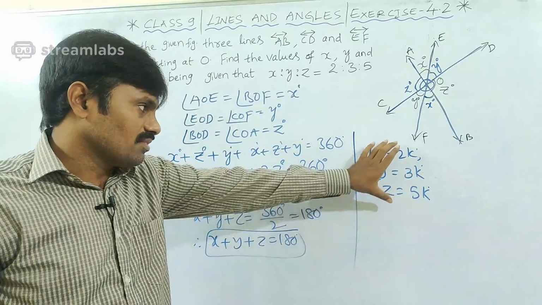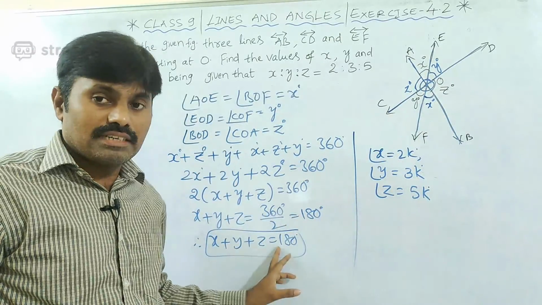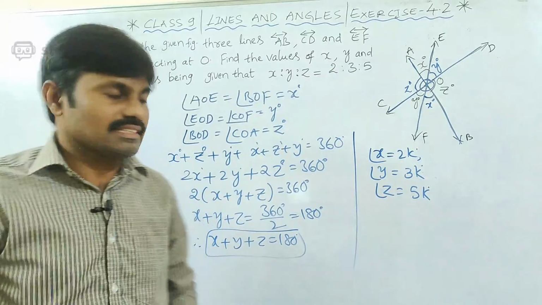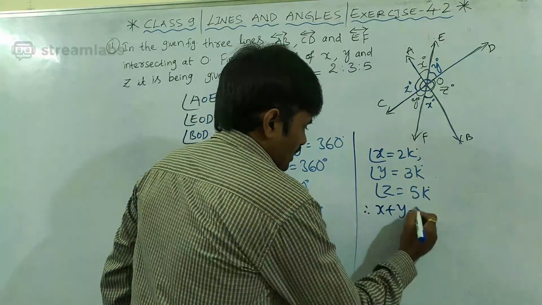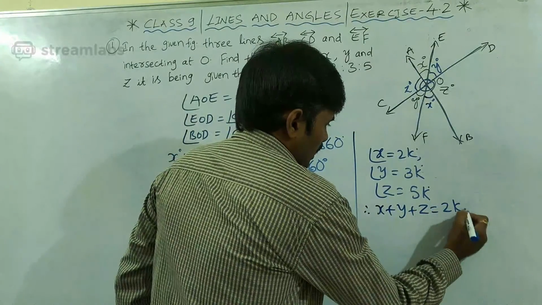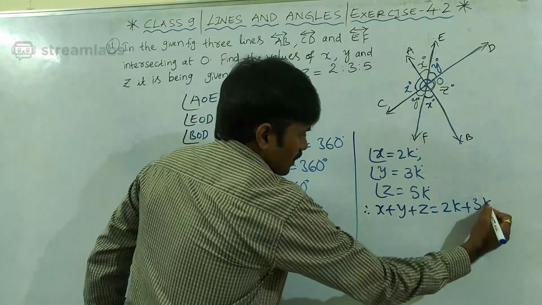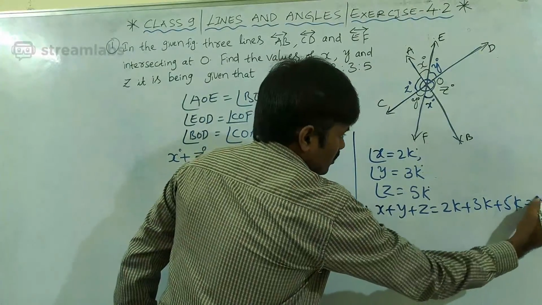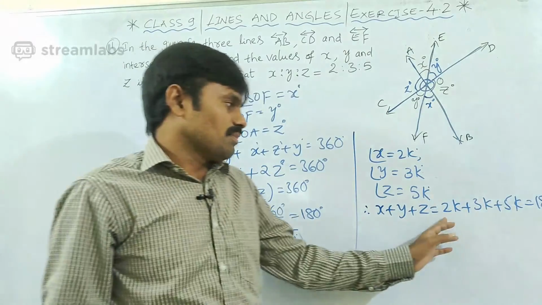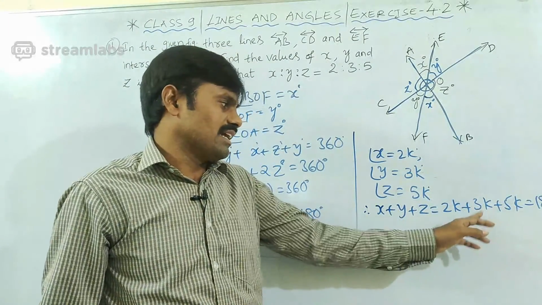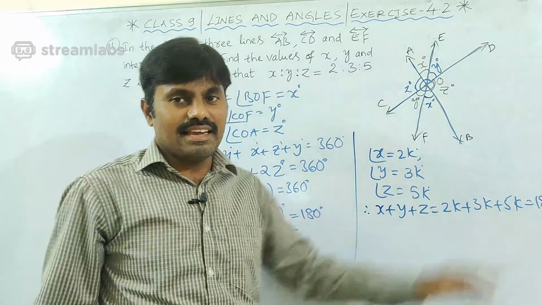Clear? Now the sum of these three angles is equal to 180 degrees. Therefore, x plus y plus z is equal to 2k plus 3k plus 5k, that is equal to 180 degrees. Now the sum of these: 5 plus 3 is 8, 8 plus 2 is 10.